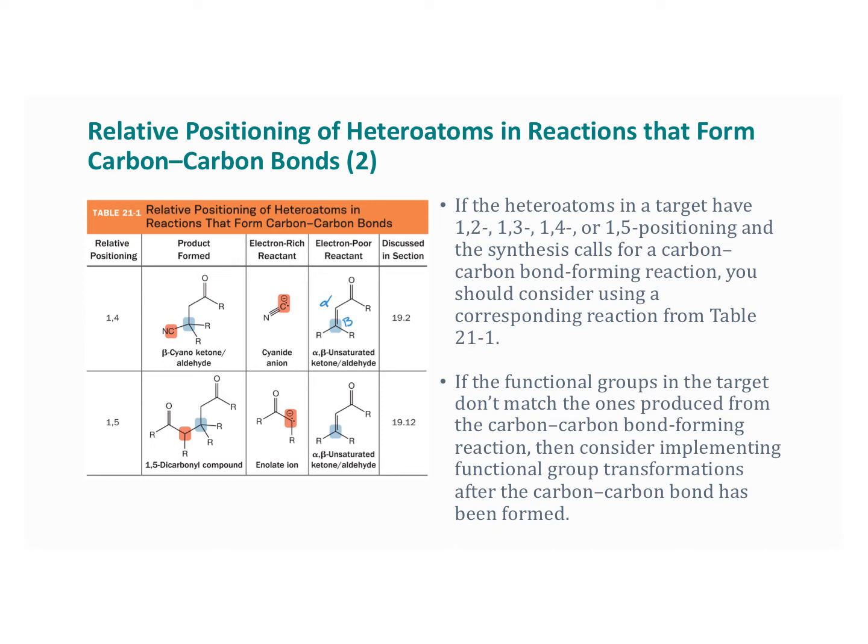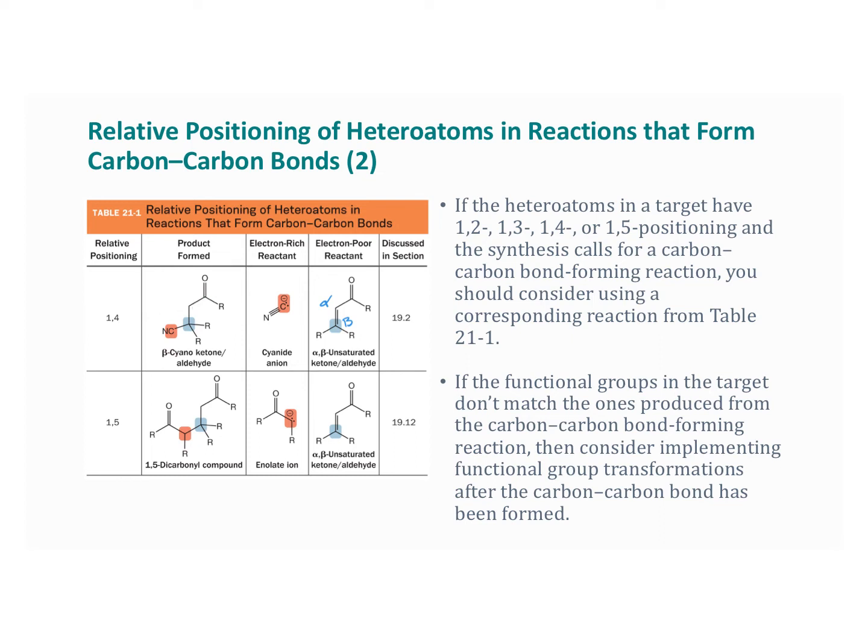We determine this as alpha because it's 1 over from this carbonyl carbon. So alpha and then beta. If there was another carbon, it'd be gamma, and so on through the Greek alphabet. And when these two react, we end up with 1-4 positioning.